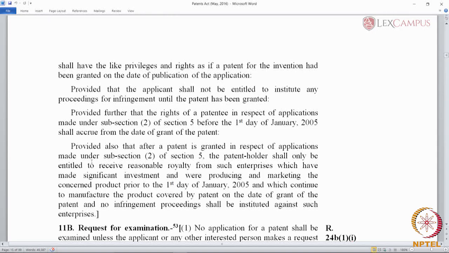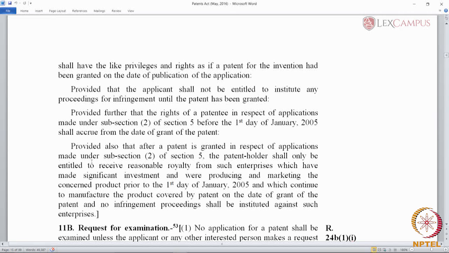The second proviso provided further that the rights of a patentee in respect of an application made under subsection 2 of section 5 before 1st day of January 2003 shall accrue from the date of the grant of the patent. Section 5 is no longer there in the Act, it has now been omitted.